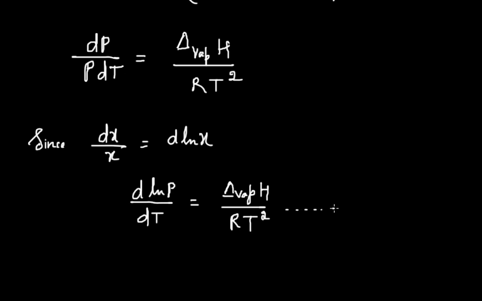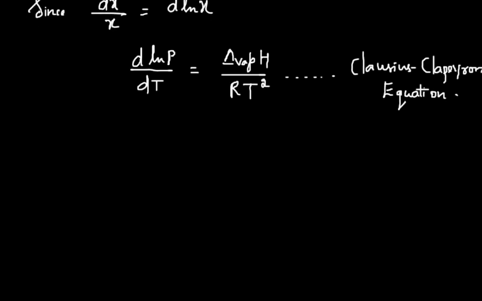And this form is called the Clausius-Clapeyron equation.